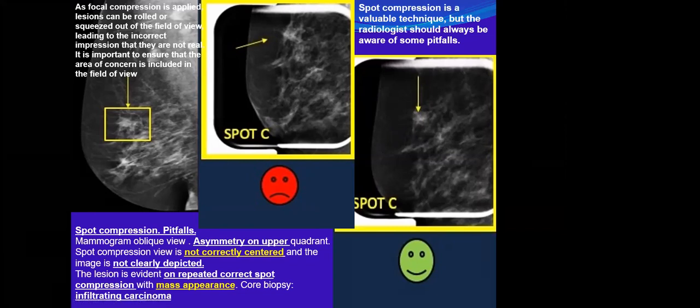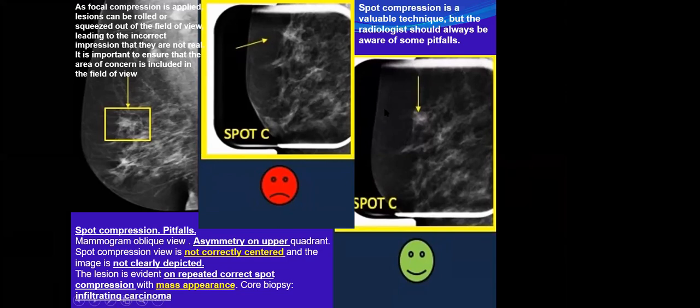So, as we said at the beginning, if the tissue of concern is not appropriately placed on the receptor, it might give false impressions, even on spot magnification, not just in the standard view. On a spot magnification, if it is not properly placed, it might give you a poor result and might not be helpful, as we have seen in these examples.